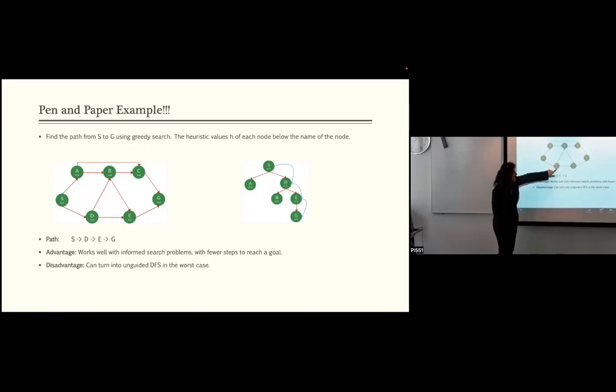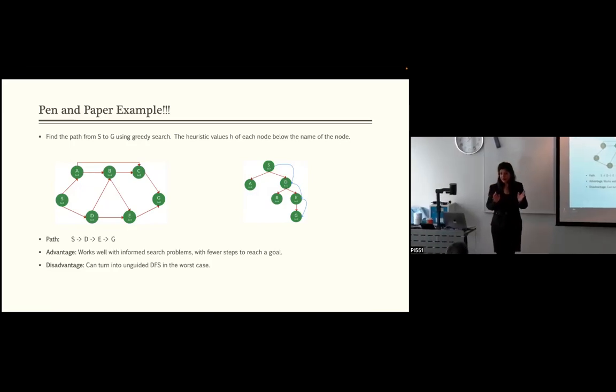Then we have to decide whether we should follow E or B, which is the minimum heuristic value, E. So we move from S, D, E, and then G. So this is the path. Very straightforward, less complex.